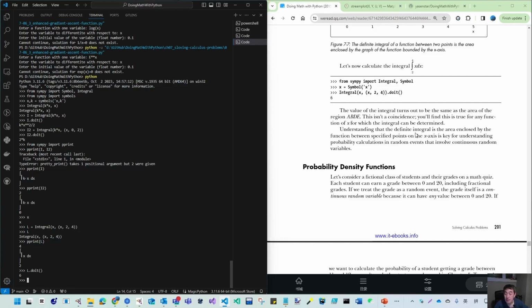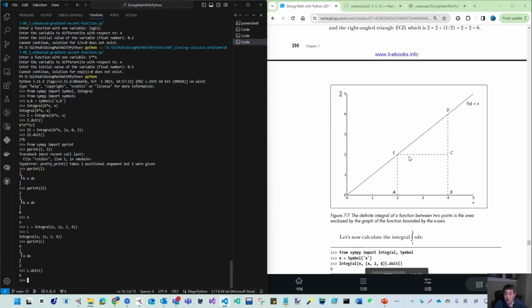Understanding that the definite integral is the area enclosed by the function between specific points on the x-axis is key for understanding probability calculation. So for this integral, first we have our function, and d and e are both in our function. So in this range we have the function result.